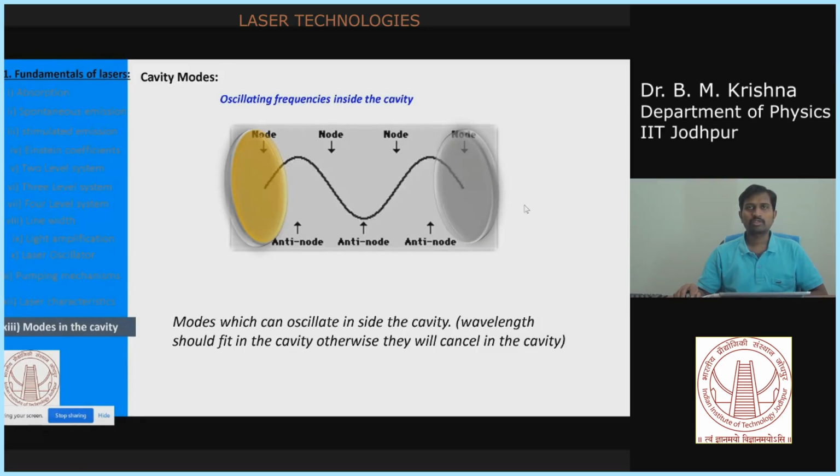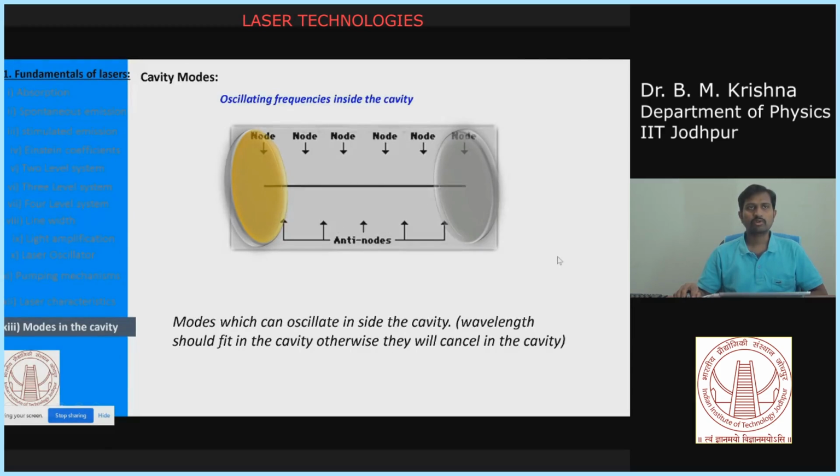When there is destructive interference, the amplitudes get cancelled, so you don't have any resultant intensity or number of photons. Those modes cannot sustain inside the cavity. These are the nodes, where the amplitude is minimal, and antinodes, where the amplitude is maximum.